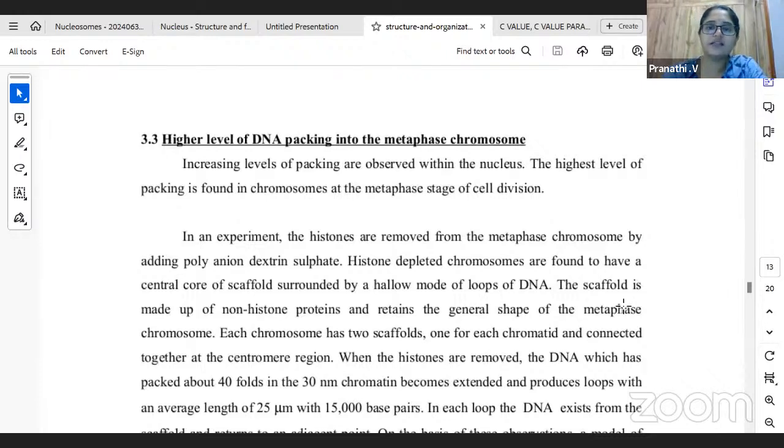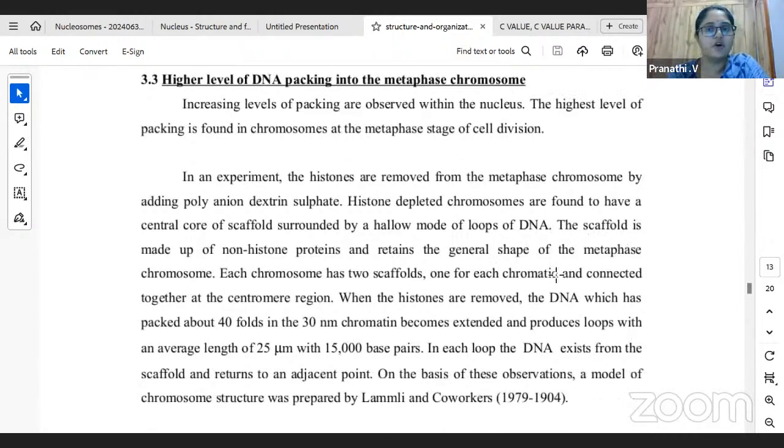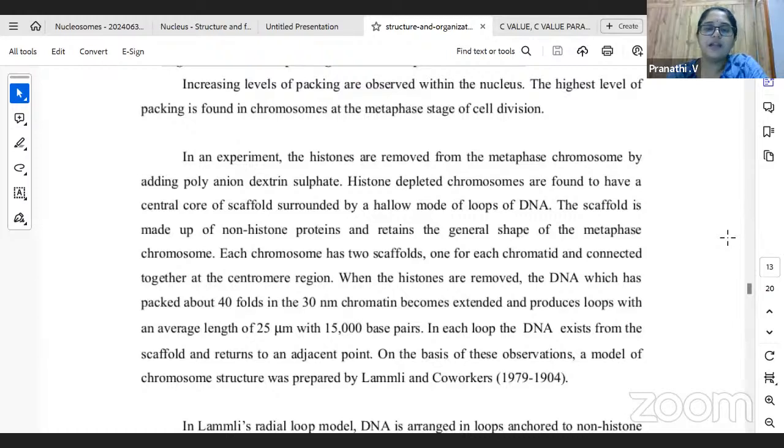Then they saw that the histone-depleted chromosomes have a central core scaffold surrounded by a halo of loops of DNA, made up of non-histone proteins, and still the general shape of the metaphase chromosome was being maintained.